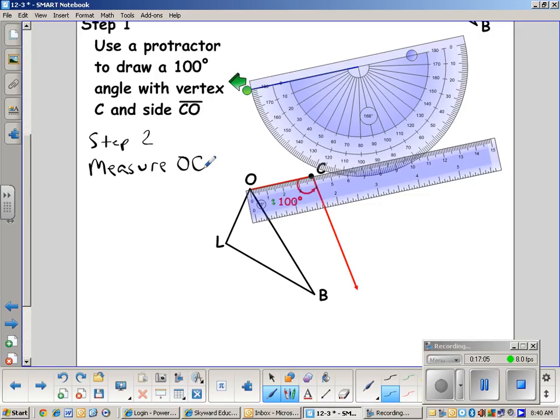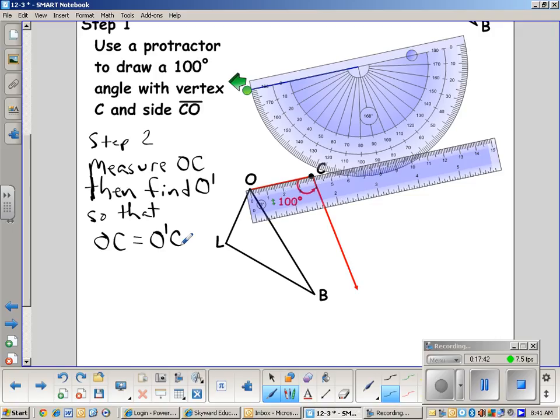OC with no symbol over it means the distance from O to C. Then find O prime so that OC equals O prime C. Okay? So I'm going to measure OC.